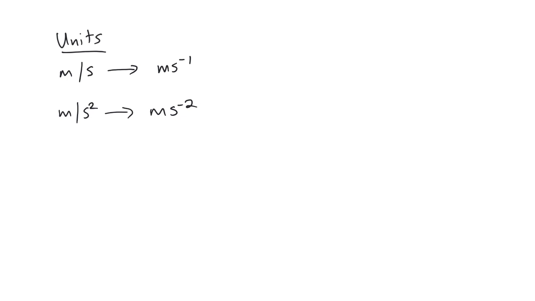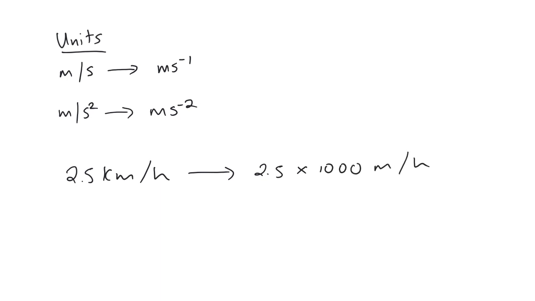And the only other thing we use then is changing units. Say we have 2.5 kilometers per hour and we want to change that into meters per second. Well, we're going to multiply by 1,000, and that would be meters per hour. Then to get it to be meters per second, we'd have to divide by 60 to get meters per minute, and divide by 60 again to get meters per second.